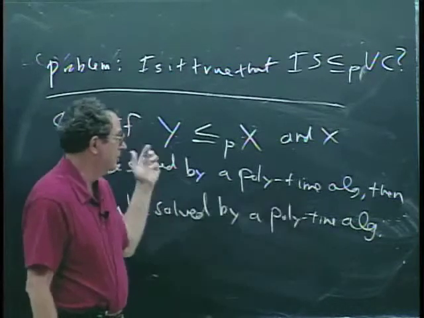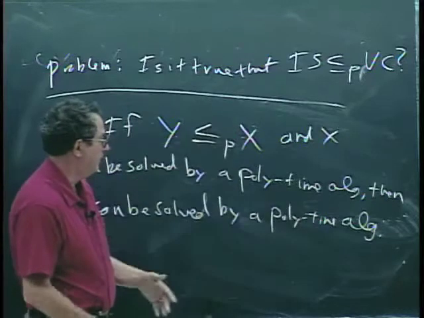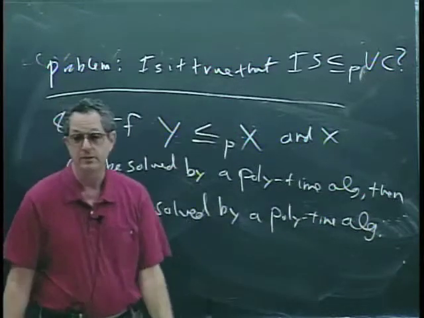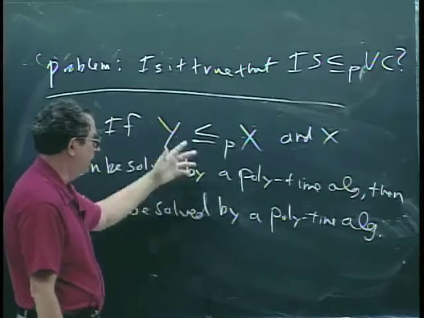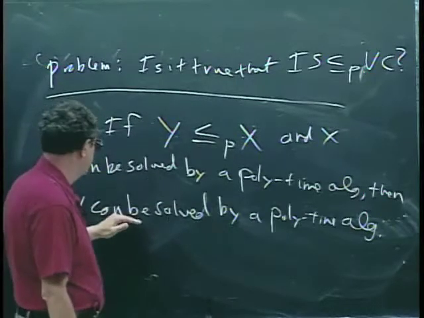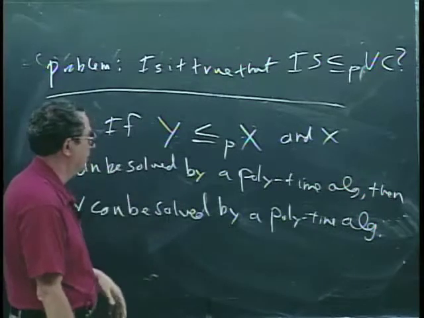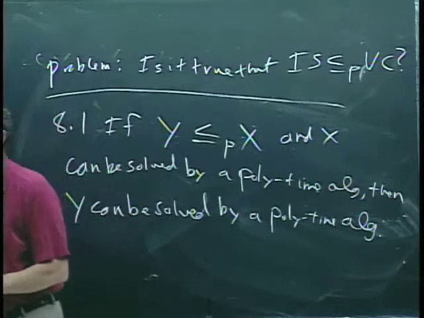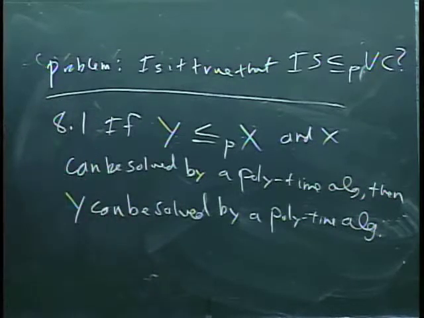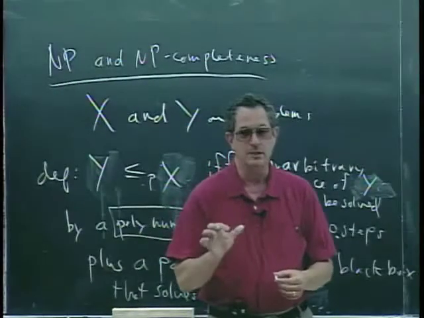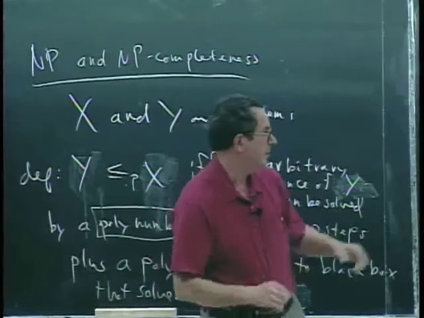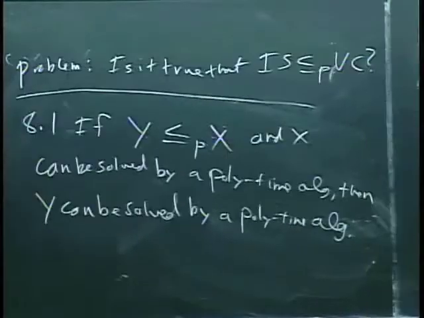Then we can just put the two things together, and we have a completely constructive, explicit description of how to solve y by a whole mechanism whose total running time is bounded by a polynomial function of the input size of y.